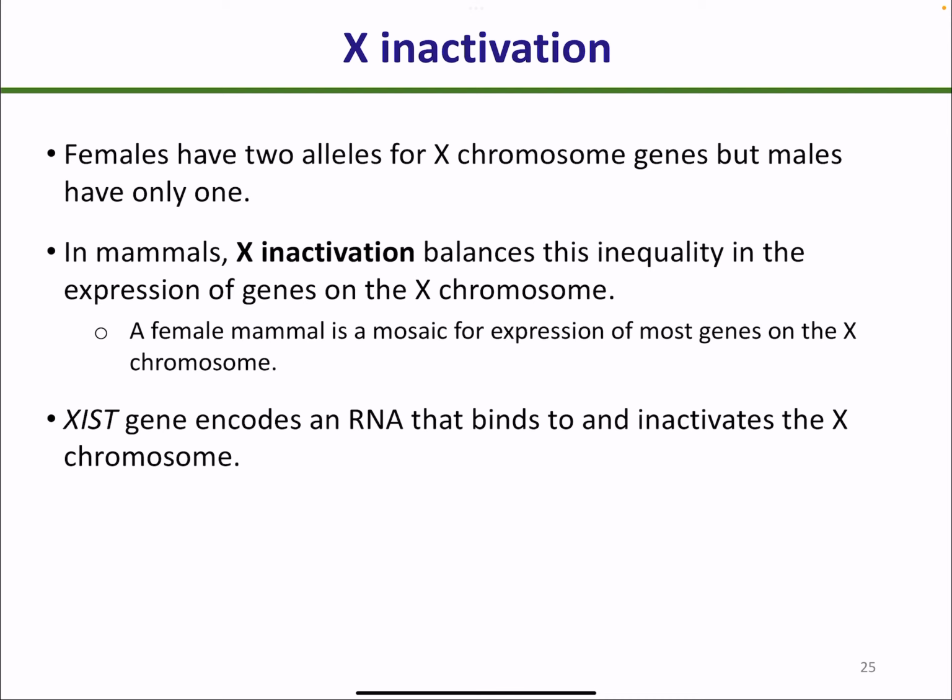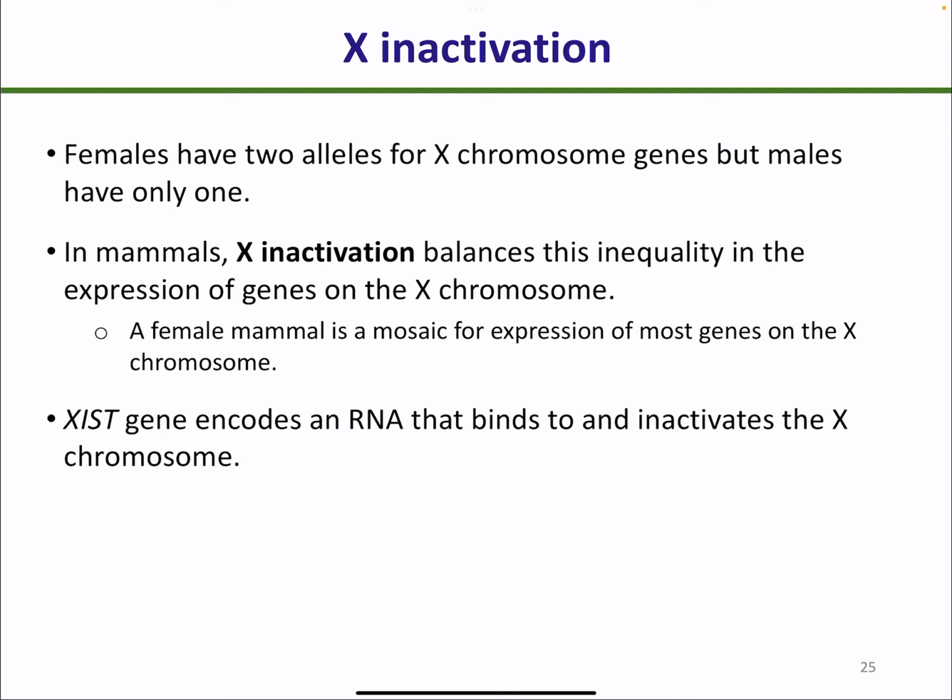A male has only one X chromosome. A female has two. For the female to not have too high an expression of a particular trait, one of the X's is inactivated. Okay? We are going to address this in more detail.